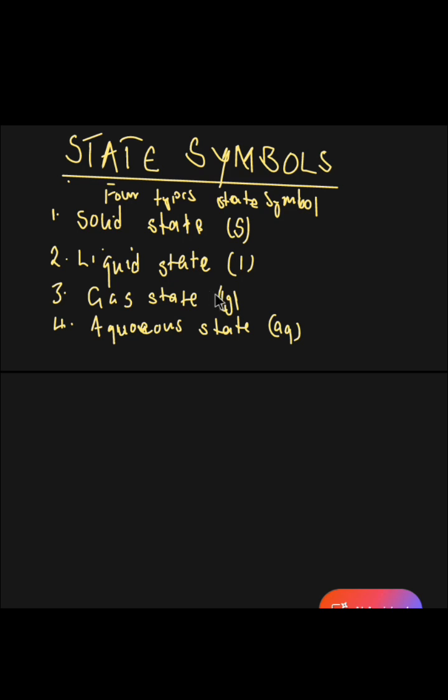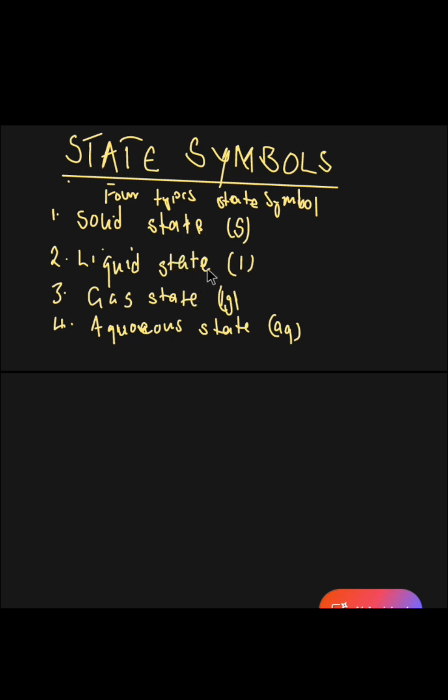Then if you are dealing with a gas, that compound is denoted by the gas state symbol, which is small letter G. Then of all these substances, those that are soluble, those that can dissolve in water, are said to be in aqueous state, meaning that that particular substance can dissolve in water.